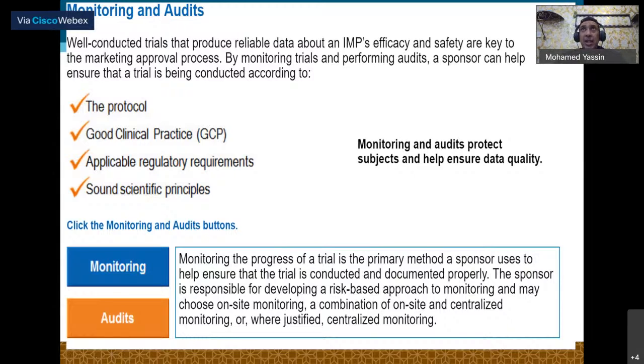When you do a trial, you want to make sure that everything is going right. The selection of the patient is right. The ethical approval is obtained from the approved authority. The inclusion and exclusion criteria are clearly met, and the consenting is documented in the system where you are doing a clinical trial, and all the logistics around the clinical trial are proper.